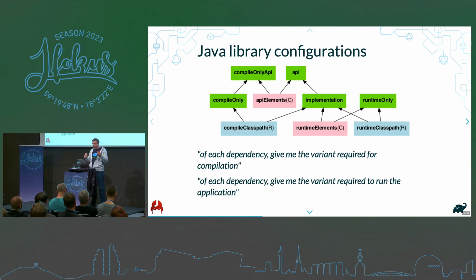So we're building different representations of your dependency. And again, the reason is not to annoy you with different names and many ways of doing things. It's because there is actually a reason why something that's compile-only API, for example, should only show in the API elements and the compile class path, but compile-only should just show in the compile class path and nowhere else.